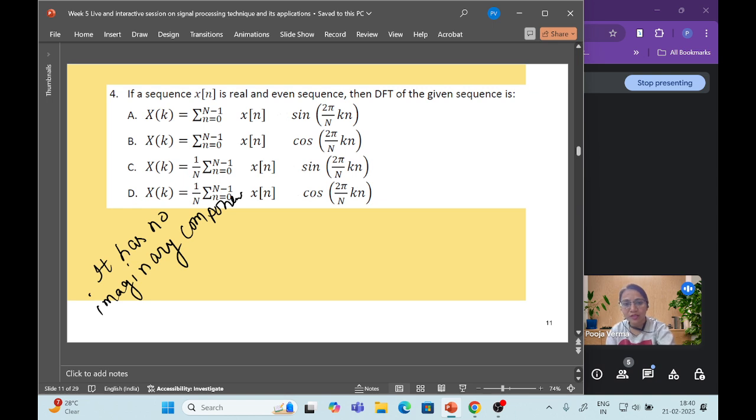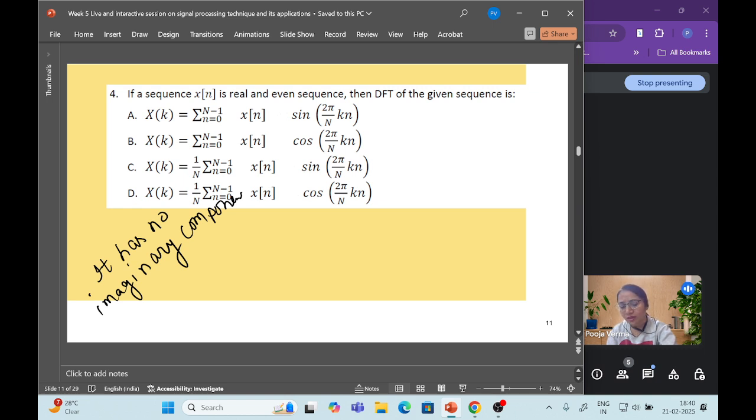If you have seen the whole derivation, four equations are given: for real and even sequence, real and odd sequence, imaginary and even sequence, and imaginary and odd sequence. From the whole derivation, you will get that.